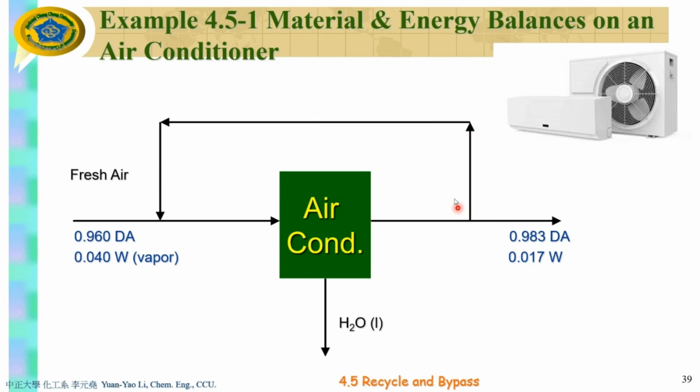You get some of the dry air out and then recycle it back to the fresh air. Mix it together. Why do we need to do this? That's because you dilute the concentration of the water to make it become less water.